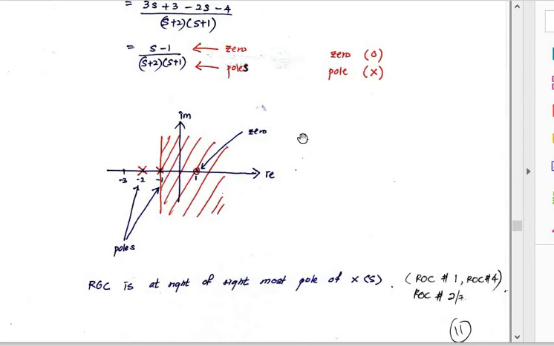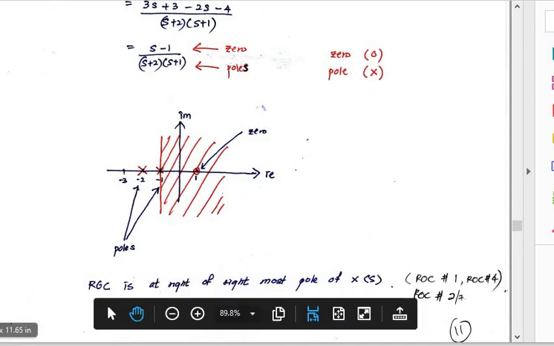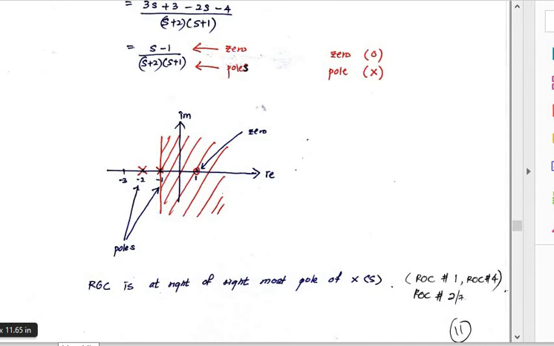According to ROC property 1, we need the j omega axis. According to ROC property 4, the signal is right-sided. ROC properties 2 and 7 mention that no pole is allowed in the ROC.